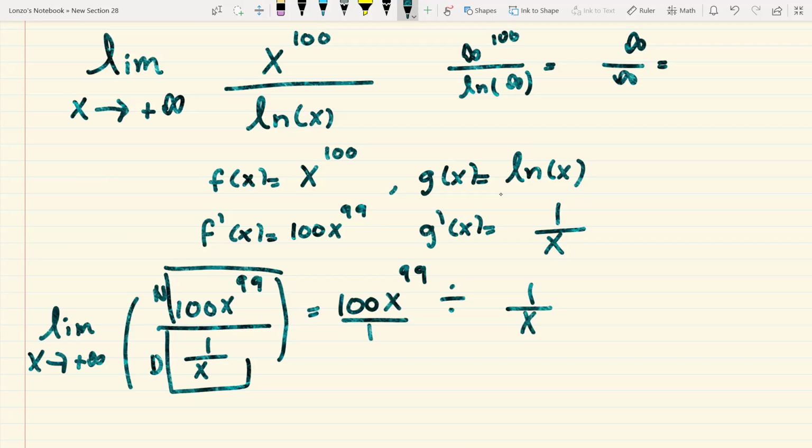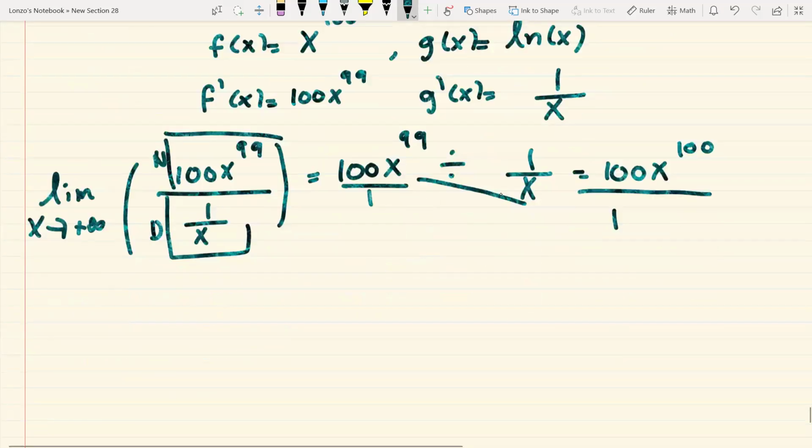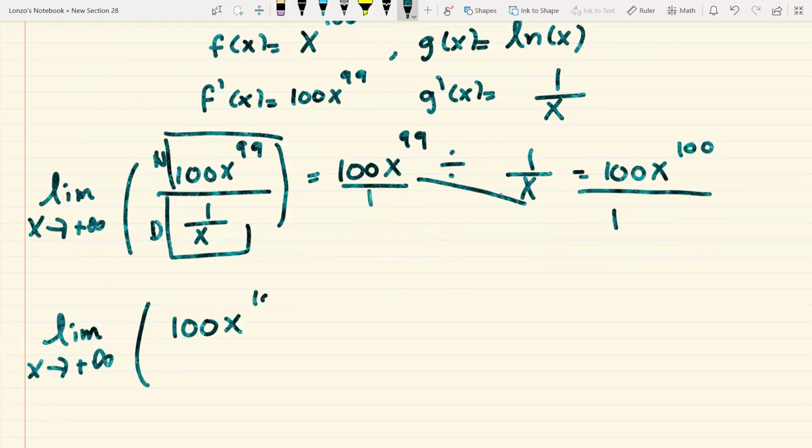And then what I can do is cross multiply. So what's 100x^99 times x? That is 100x^100, right? And then on the bottom, 1 times 1 is 1. So this simplifies to 100x^100. So now it's in the most simplified form. All you've got to do is plug in infinity for x.